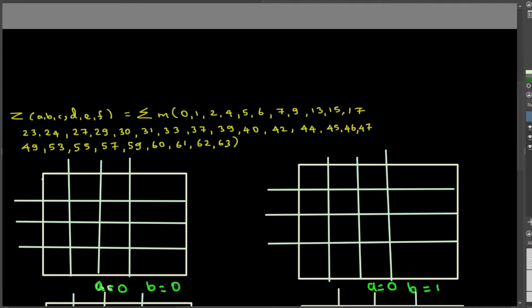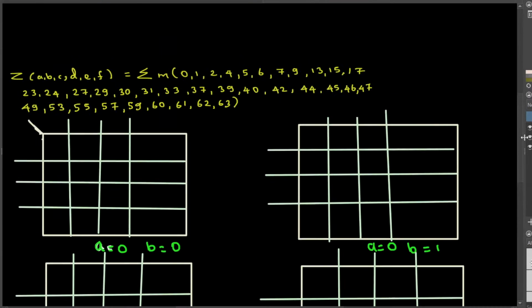Okay, so let's label them. We have taken care of A and B. A and B are the tables, right?